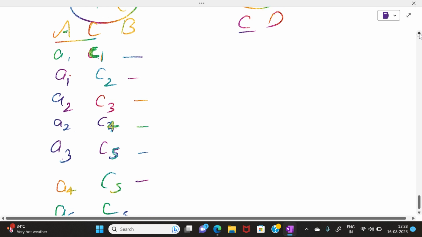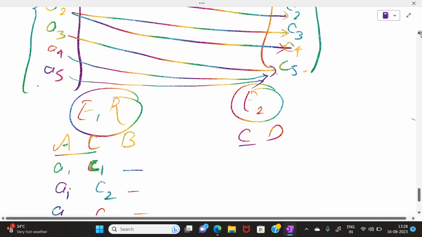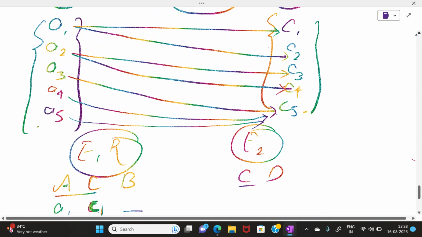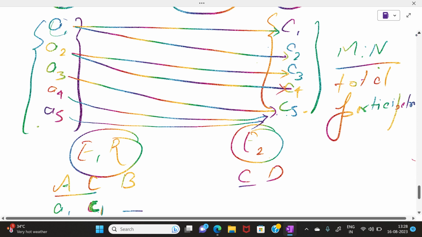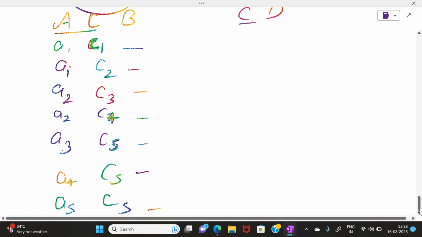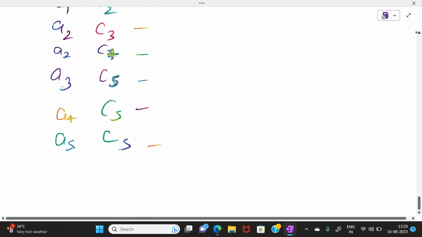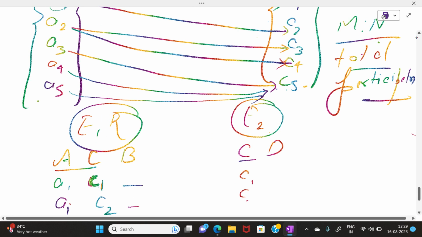Like you see here, it is a total participation, m:n total participation, but it is an m:n mapping. Like this is mapped to m entities and it is also mapped to n entities. That is why it is m:n mapping and total participation, right?